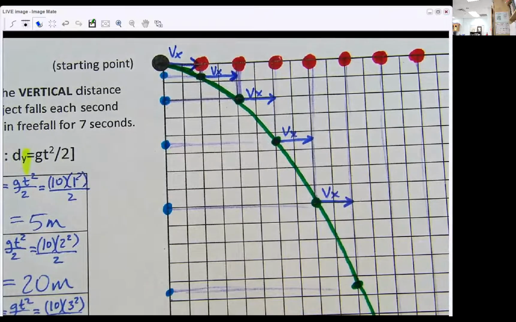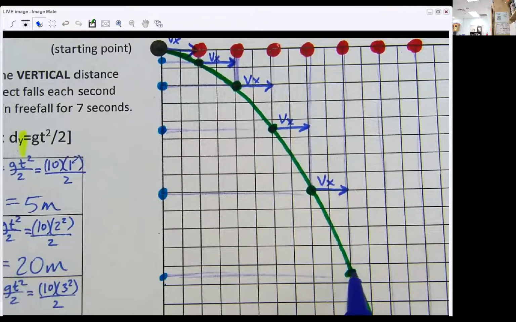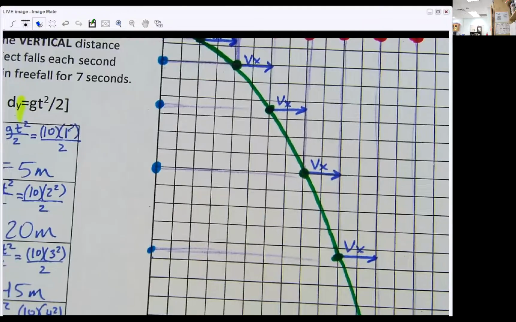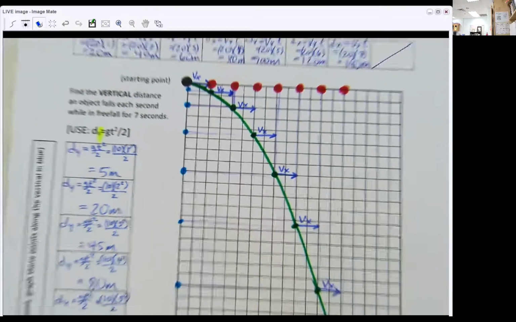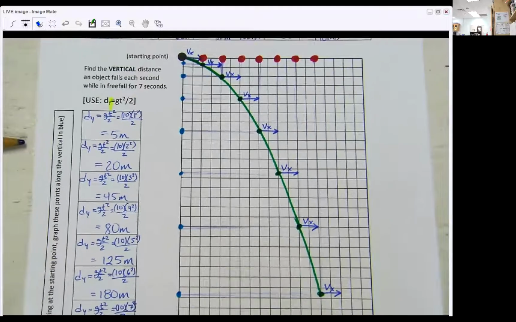When you see V of X, you say, oh, okay, that's horizontal velocity. And so you'll continue to do all the way down. When you finish, look up here and see if this is what you ended up with.